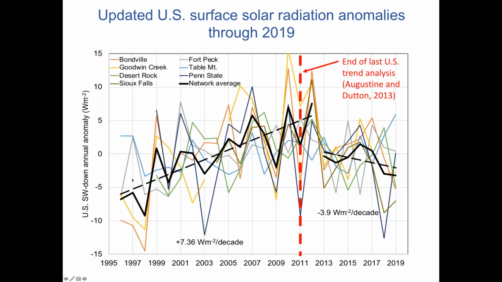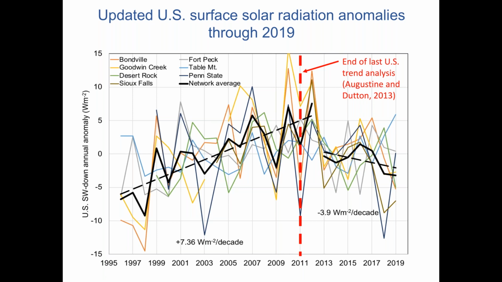If you'll notice, the change from here to here is roughly 12 watts per meter squared. So that is very significant. It's on the order of 3 times the doubling of CO2 in radiative effect, and that rate was 7.4 watts per meter squared per decade.